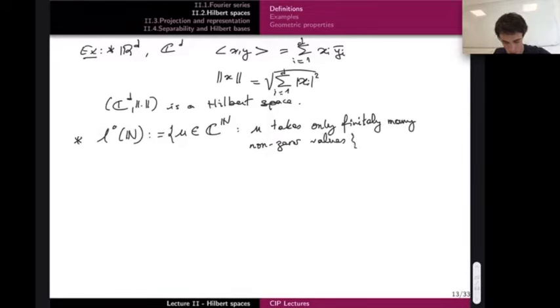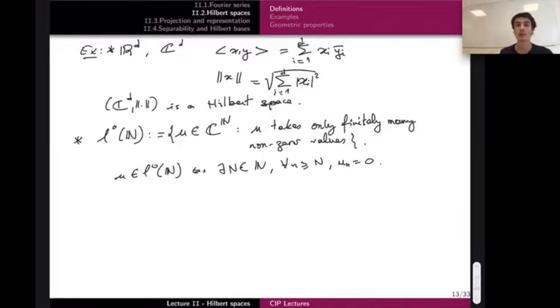This means that u is in L0 of N if and only if there exists a rank N after which, for any n greater than N, u_n is equal to 0. That's my definition. Well, I can put an inner product on this, for instance. Let's take two sequences u and v in L0 of N, and define this inner product, the sum for n in N of u_n v_n bar.